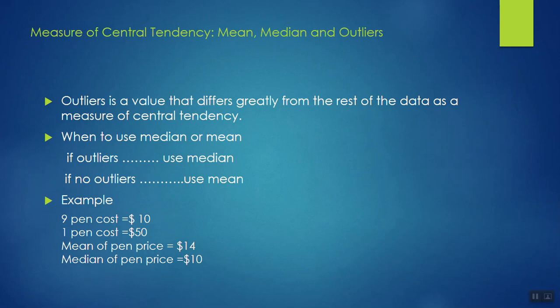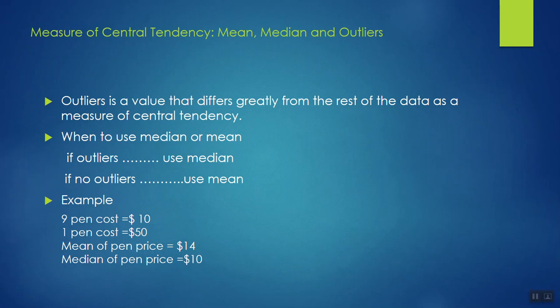Now, when do we use median and when do we use mean? If we have outliers in our data, we will always go for median. And if we have no outliers, we use mean.